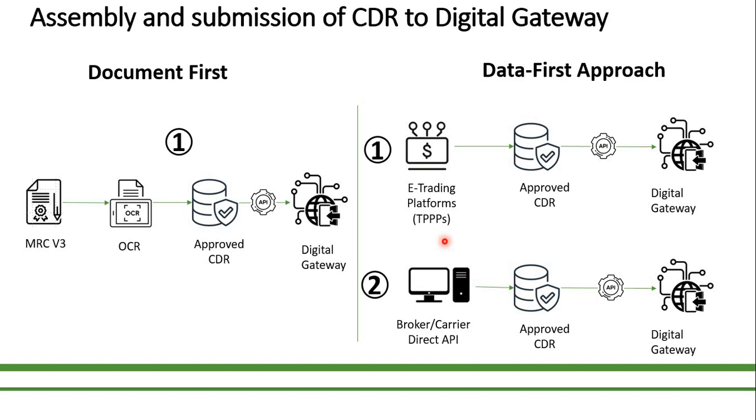TPPs stand for third party placement platforms like PPL, Gen 3 or Whitespace. So TPPs can use the software functionality to ensure that the CDR is correct before submitting to the digital gateway for final processing. Along similar lines, the broker and carrier can submit the data directly to the digital gateway through APIs in Flow 2.